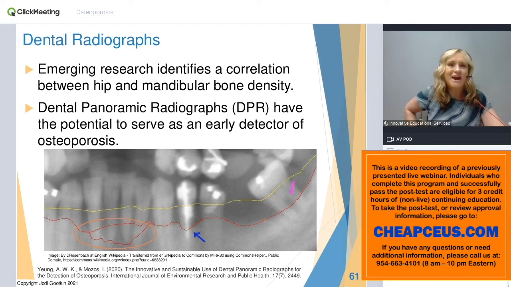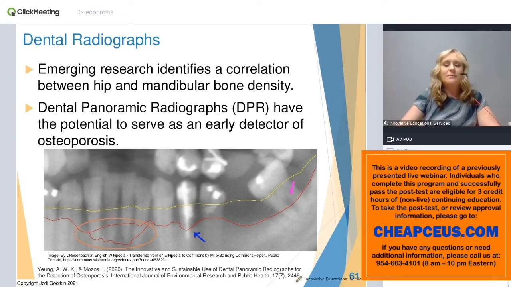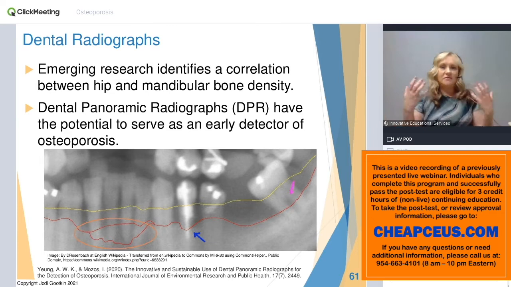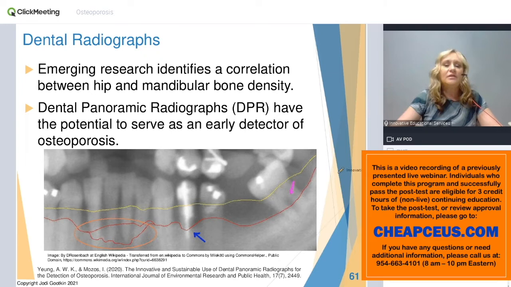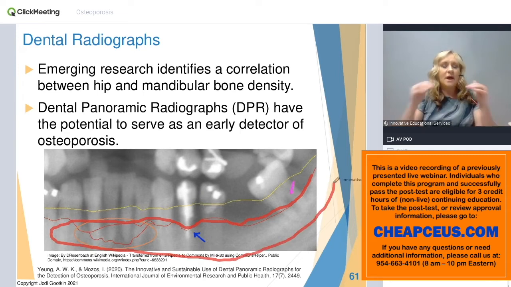Dental radiographs are a great opportunity to start looking earlier at individuals who may have that potential development of osteoporosis. Everyone goes and gets their teeth scanned when they do the large scans, and they look at this mandibular region and see how much it has deteriorated from that gum line going down.